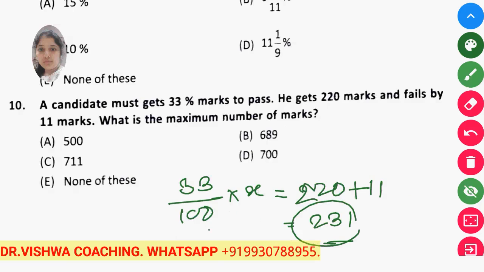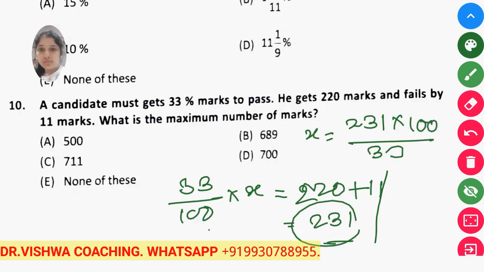So 33 upon 100 into x is equal to 231. So x is equal to 231 multiplied by 100 divided by 33. Now 231 can be divided by 3. How?